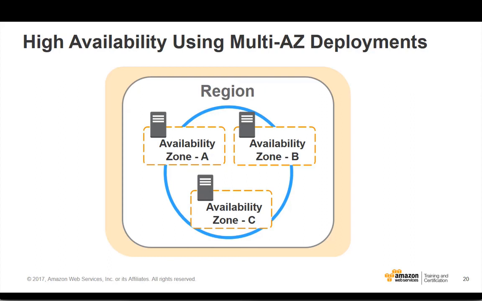Some companies like to have their content scattered across multiple regions. I personally think in a lot of cases that's overkill. I think as long as you have your content in multiple availability zones scattered across, say, the whole of California, that's, in my eyes, good high availability.